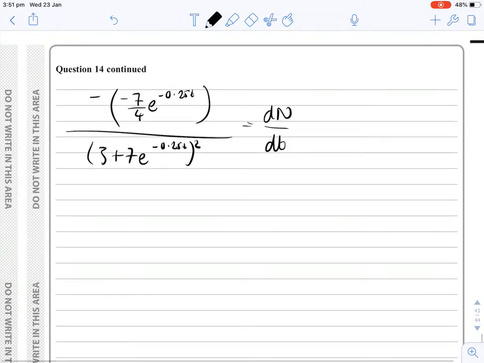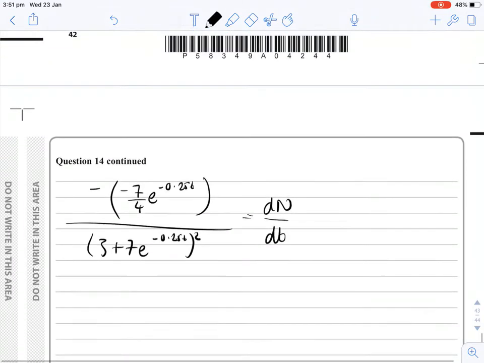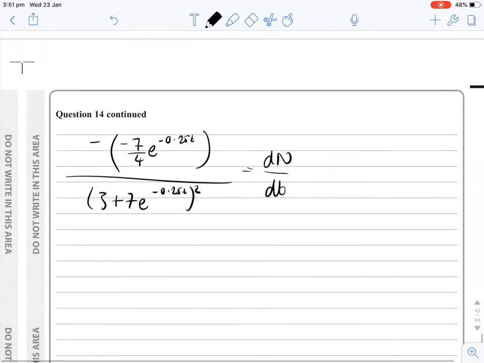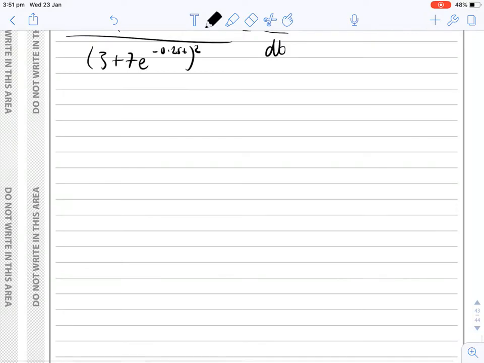The easiest way that we can go about doing this is to look at what we've actually started with and rearrange it slightly. So I'm going to rearrange it to say that 900 / (3 + 7e^(-0.25t)) is equal to n.